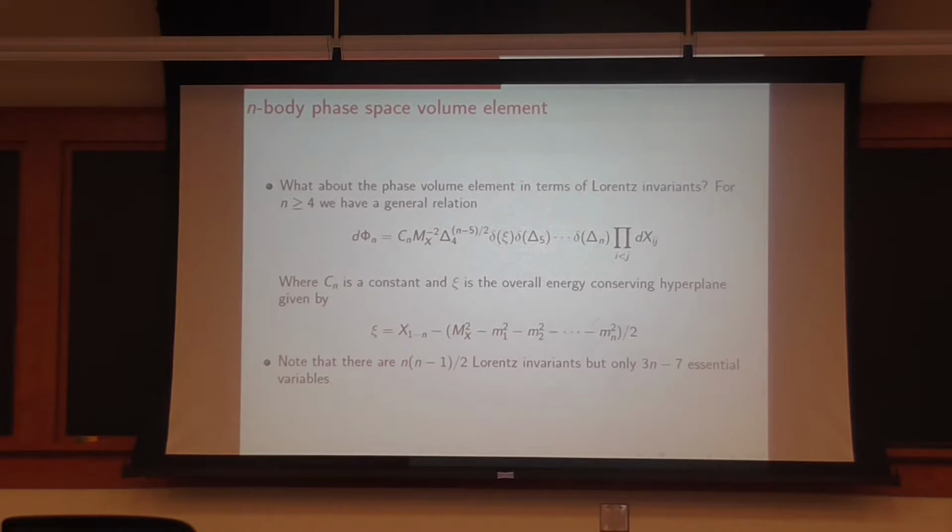Normally, if you think about just a scalar interaction with n particles in the final state, we have 3n components, minus 4 for the overall four-momentum conservation, and minus 3 for the rotational symmetry. There are 3n minus 7 essential variables. But over here we have n times (n minus 1) over 2 variables. But these delta functions, although it looks like there aren't enough of them, actually take care of the number of dimensions.